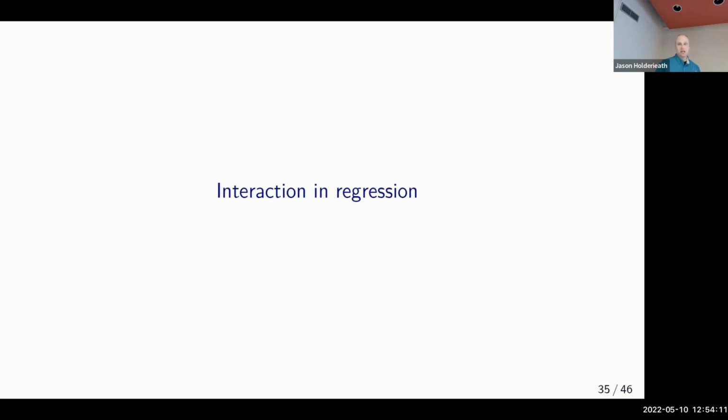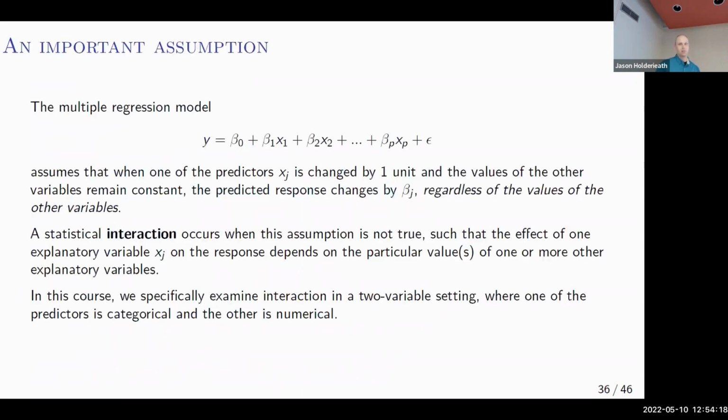The next piece we have is that sometimes things have multiple effects, or maybe you have a multiple regression model where, in this case, we just have our normal regression model.